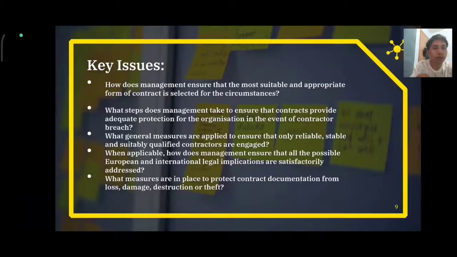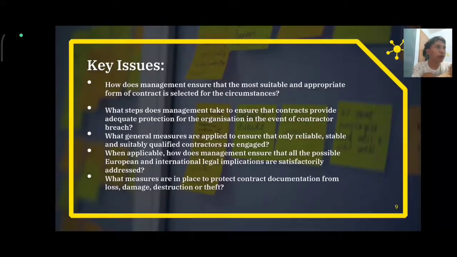Kasi doon sa last bullet, kasi parang merong mga nangyari na hindi safe. Basta nang nakatago na hindi mo na sure kung safe ba talaga or safe ba talaga dun yung kung ano yung measures.